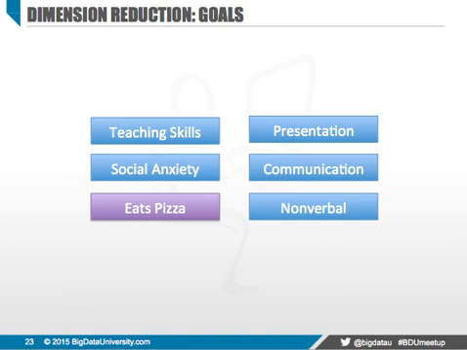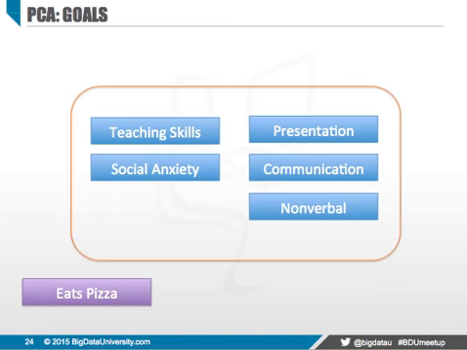PCA and EFA are going to approach this problem quite differently. In PCA, it will take a look at the correlation matrix and identify the high correlations, and if the correlations between the different variables are high enough, it will suggest that you group the variables into a single component.